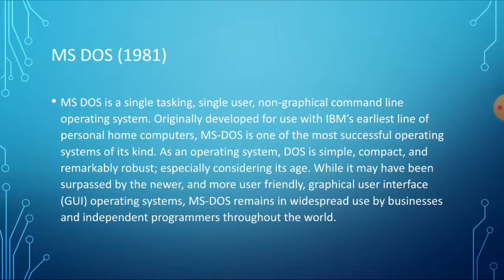As an operating system, DOS is simple, compact, and remarkably robust, especially considering its age. While it may have been surpassed by the newer and more user-friendly graphical user interface operating systems, MS-DOS remains in widespread use among businesses and independent programmers throughout the world.